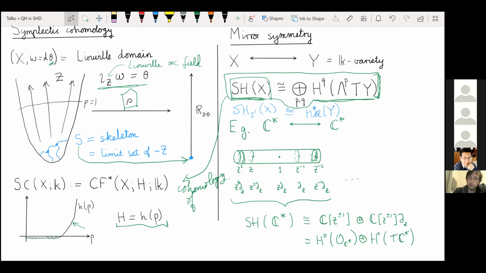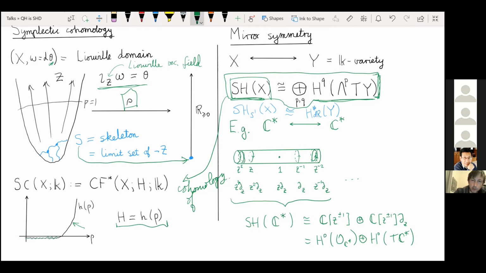Okay, as an example of this version of mirror symmetry, C star is mirror to itself. So the symplectic cohomology of C star should be isomorphic to the polyvector field cohomology of C star. What does the symplectic cohomology of C star look like? Here's a picture of C star. It looks like a cylinder.